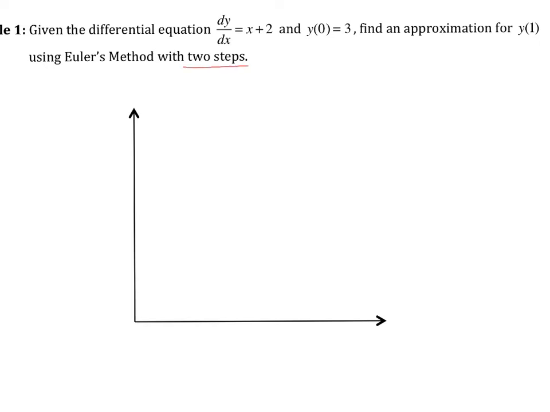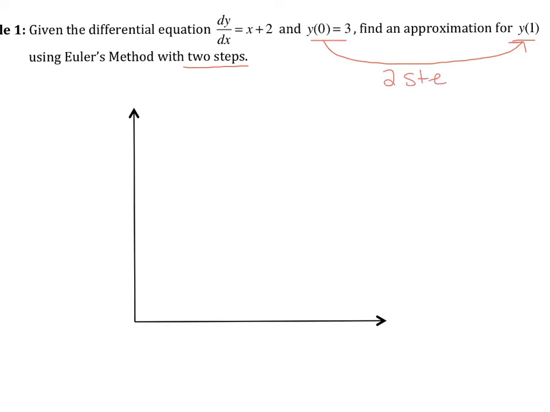All right, we were also given an initial condition, right? Something about y of 0, so when x is 0, and we want to approximate y of 1, so where x is 1. So we need to get from x equals 0 to x equals 1 in 2 steps.